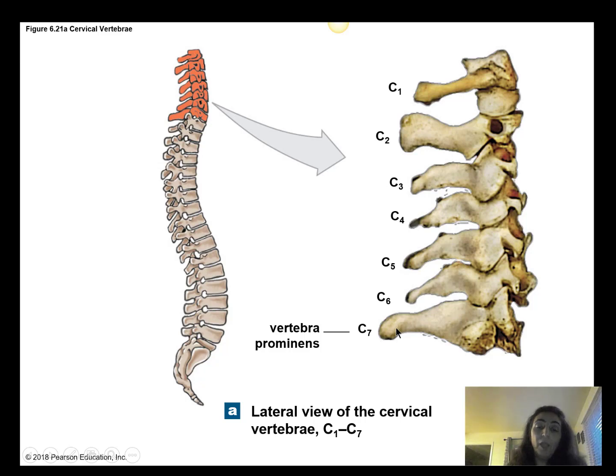It is called vertebral prominence because of the way it is located in the body, the spinous process of that projects under the skin toward the outside, and it can be felt easily. So it is prominent, therefore it's called vertebral prominence.